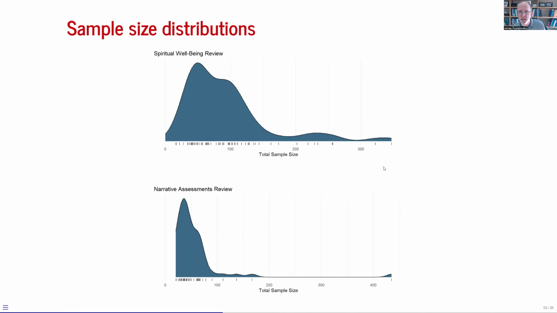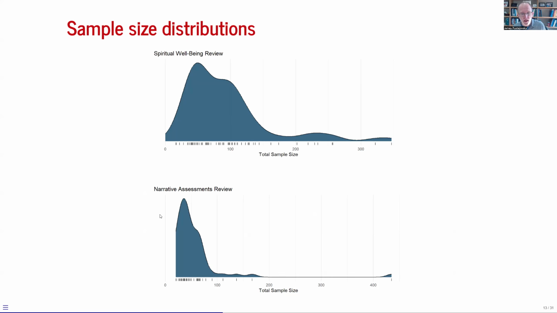So these are big studies that are going to tend to get more weight in the analysis and will therefore be influential. And I should have said, the hashes down at the bottom of each of the density plots represent the individual observations, and then the blob is just a kernel density estimate of the distribution.